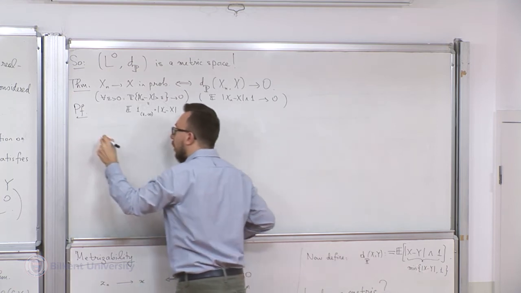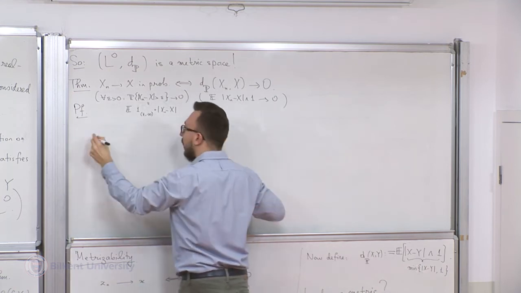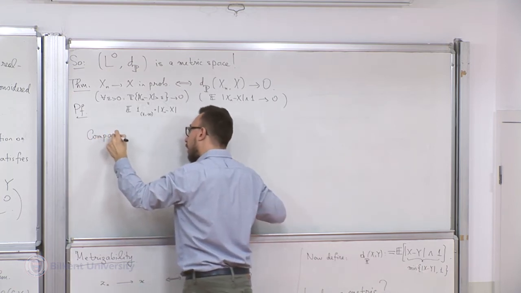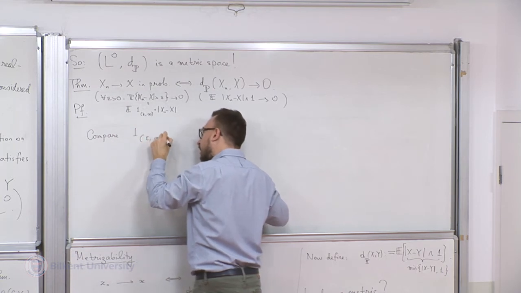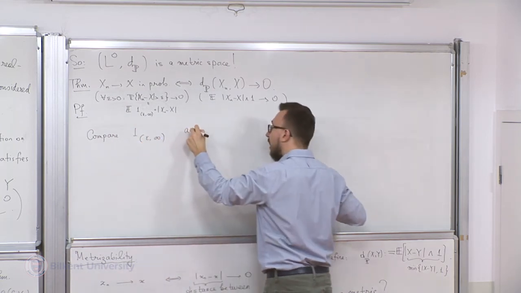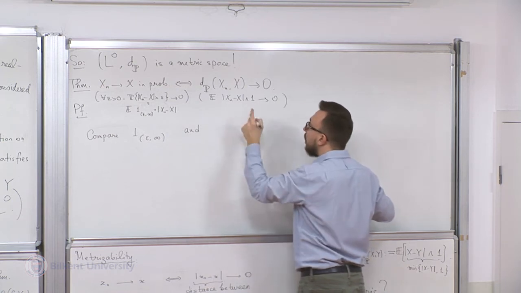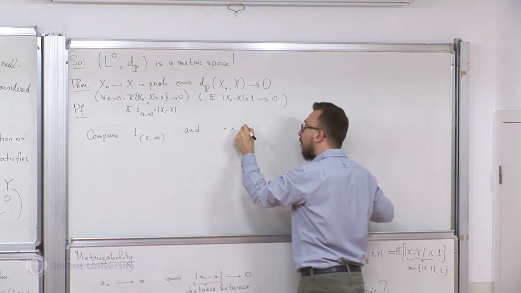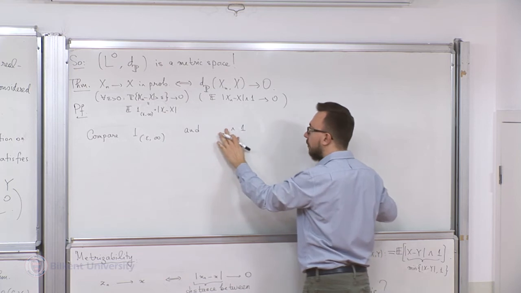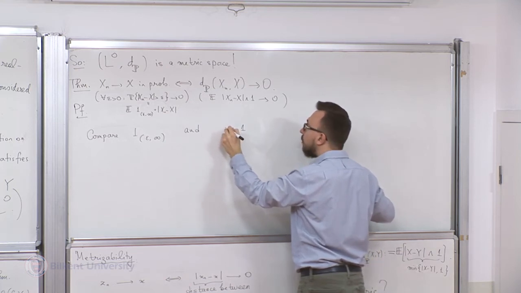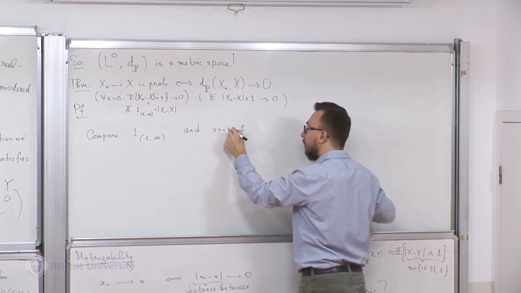So it boils down to comparing the functions indicator of epsilon to infinity and the function something minimum 1. Let's say z minimum 1.